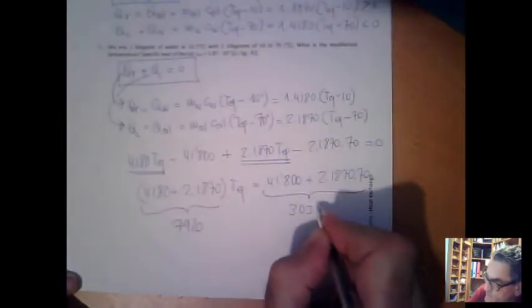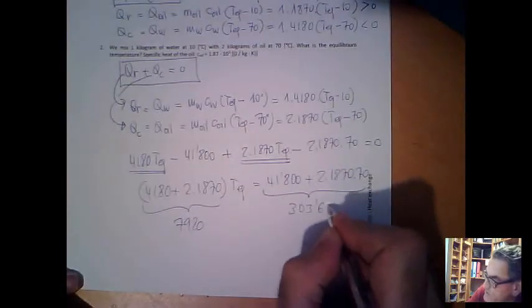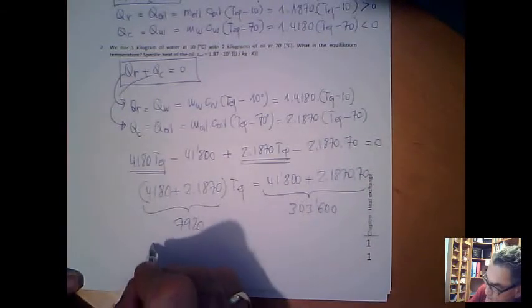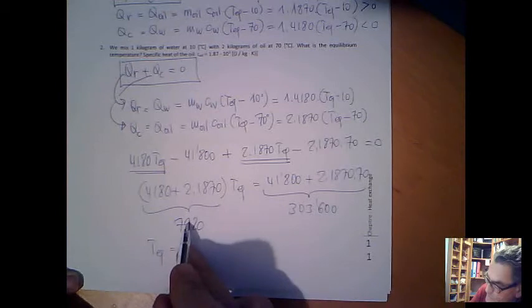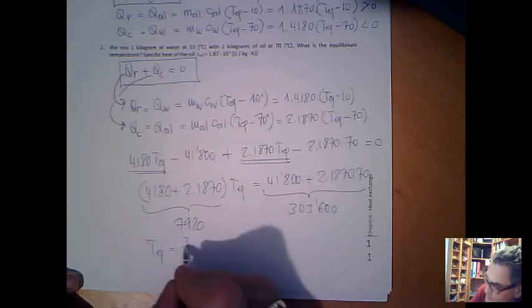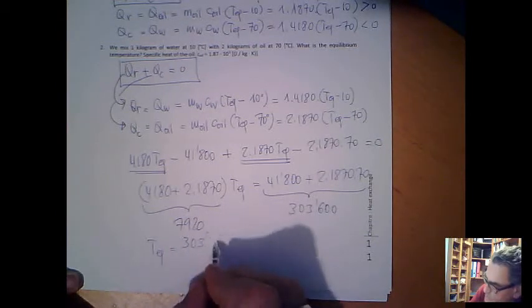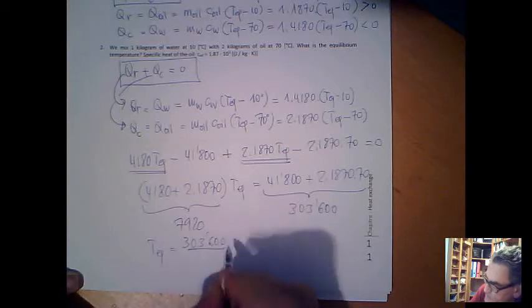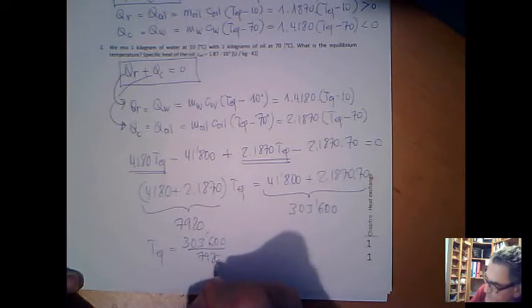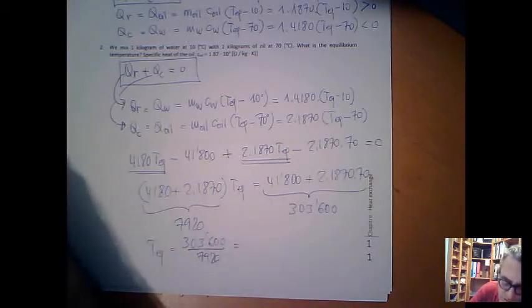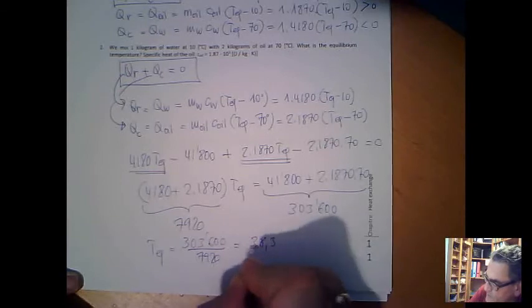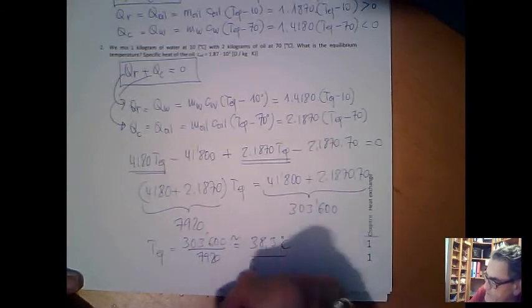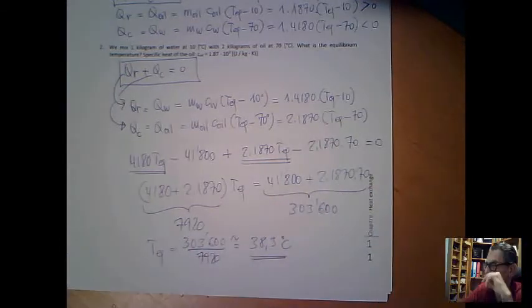That's 303,600. And so our TEQ is going to be this number divided by this one. So it's going to be 303,600 divided by 7,920. And this gives us 38.3 degrees. Is this what you found?